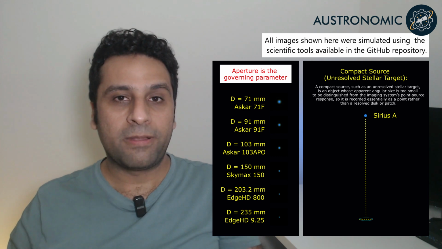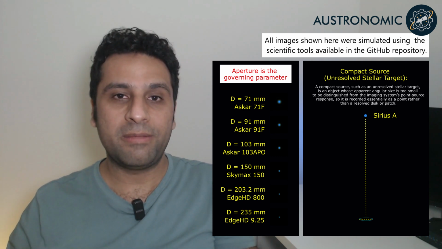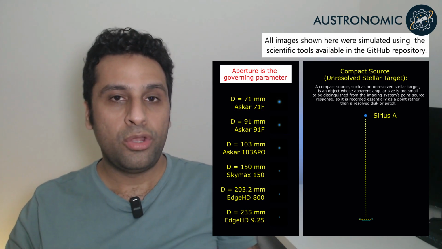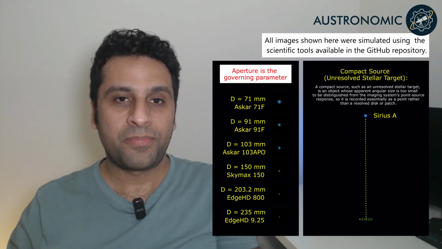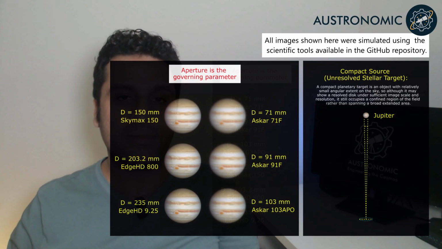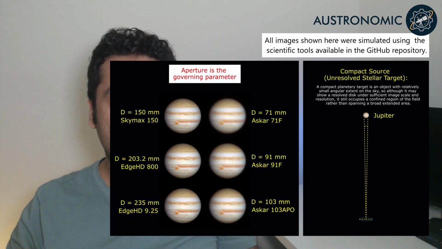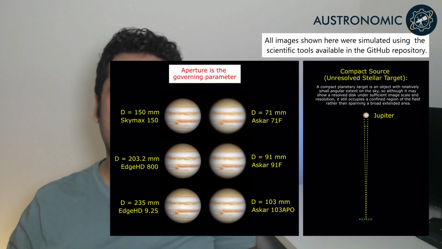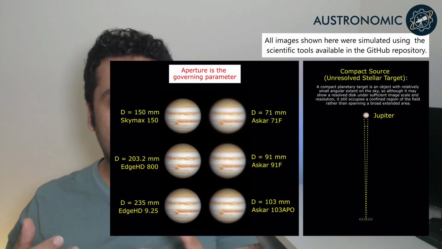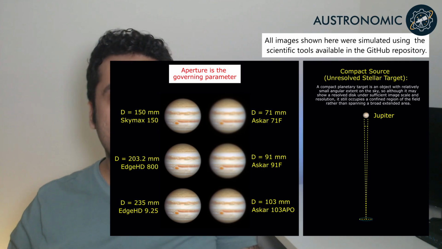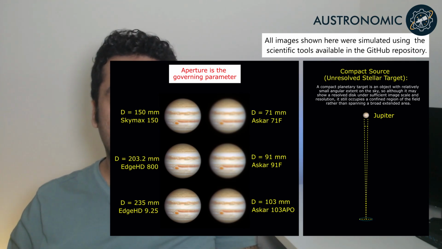In this regime, plate scale must be matched to the seeing disk so that the stellar image is neither undersampled nor spread across more pixels than necessary. For a planetary target, aperture is again primary because it governs both photon collection and angular resolution. Focal ratio is also a priority here, but in practice it is usually balanced against the plate scale needed to record fine details on the detector.